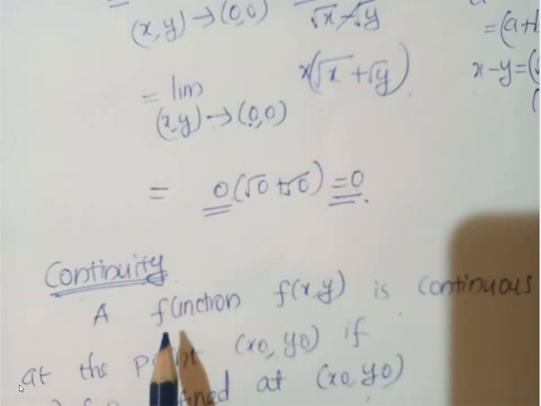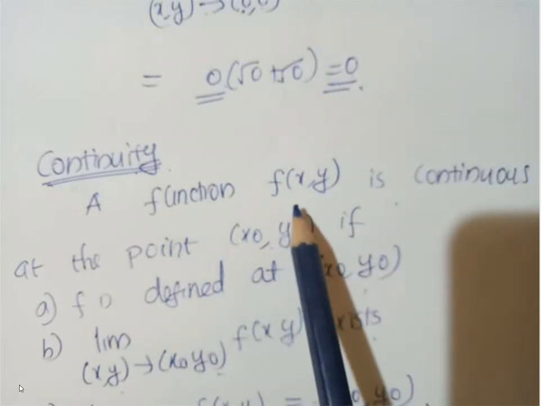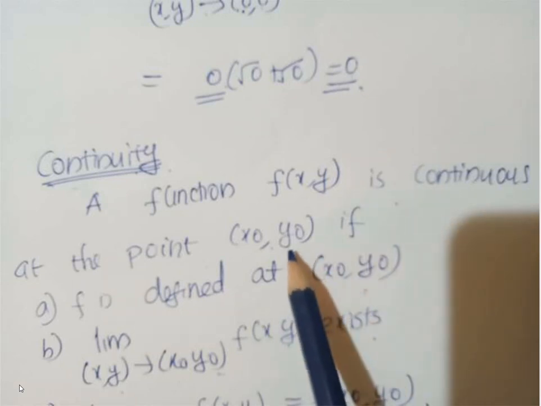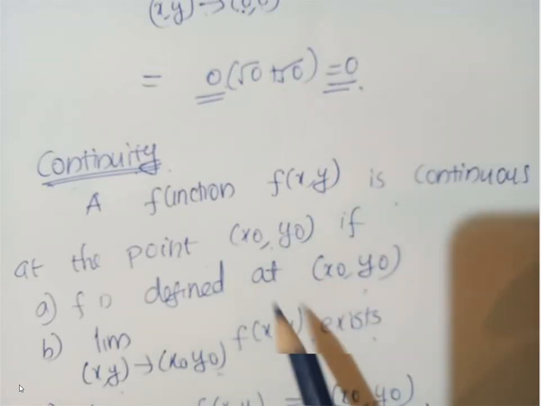As in the case of a function of one variable, continuity means the limit exists, and there will be three conditions. A function of two variables is the same, not different from a function of one variable, right?